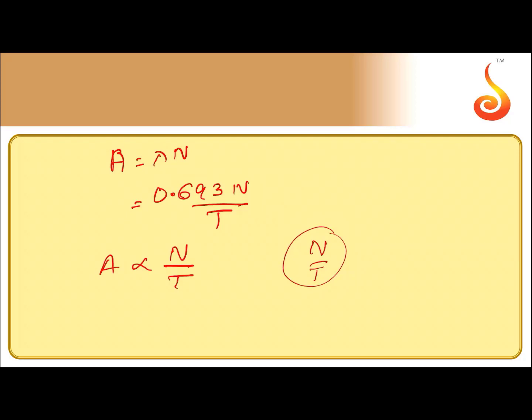For A, it is 200 divided by 2. For B, it is 20 divided by 20. For C, it is 2 divided by 200. While for D, it is 100 divided by 10. So clearly, A has the highest activity.